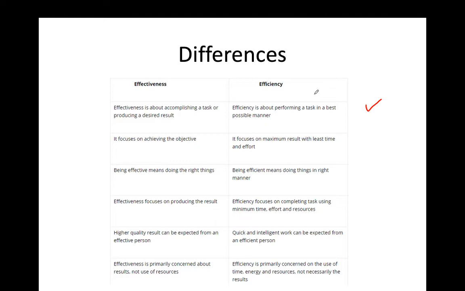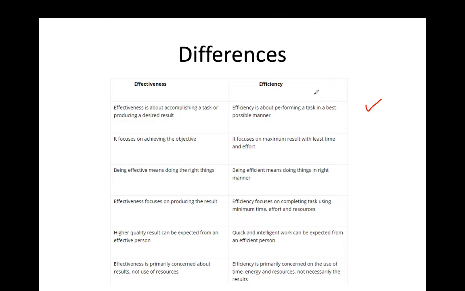Is this bus going to my house? That is effectiveness. But what will be the efficiency? Efficiency will be, I have to reach my house as fast as possible. Is the bus the only way to reach fast, or can I take a taxi, or a bike? Which one of these vehicles will take less time? That is efficiency. Efficiency is about performing a task in the best possible manner.